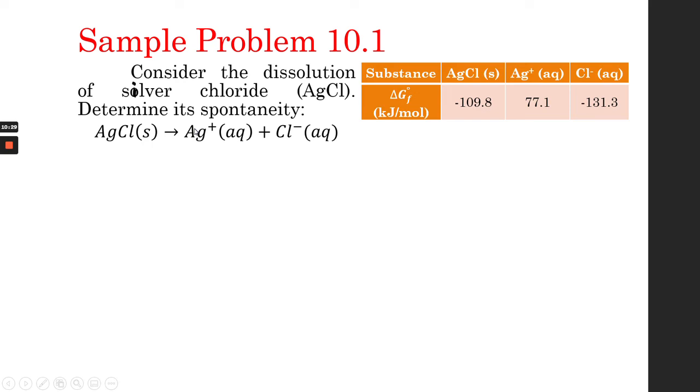We are basically dissolving the two, separating the silver from chloride. And the standard free energy change of formation for each of these molecules and elements is given in the table. So using the equation that I showed you earlier, you can measure the standard free energy change of this reaction. By solving this, we can identify whether this reaction is spontaneous or not.